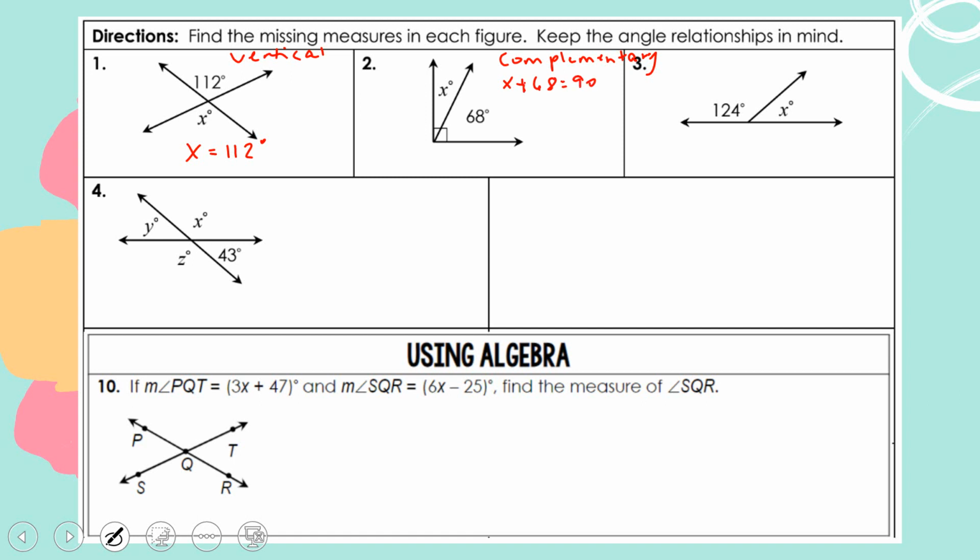So when I subtract 68 from both sides, I get x equals 90 minus 68, which is 22 degrees. Here, these are going to be supplementary. We also call that a linear pair.